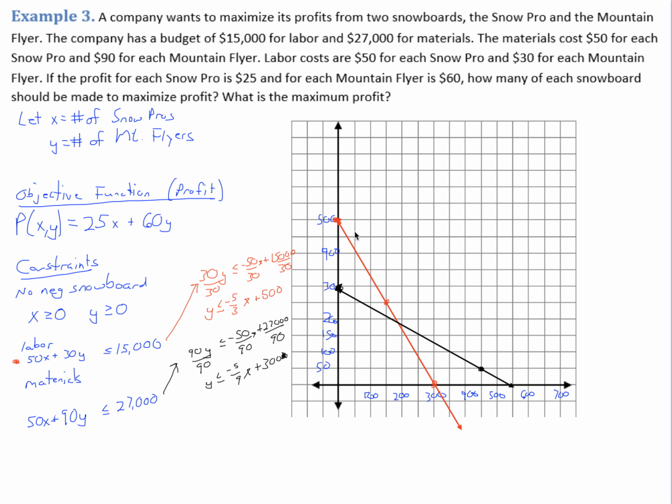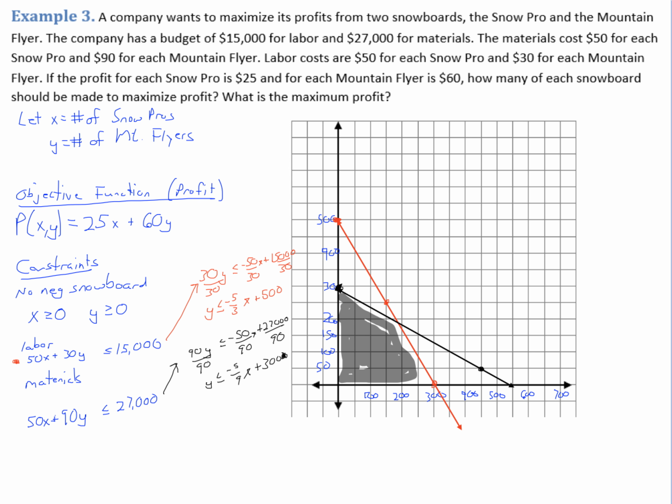So there we have our feasible region, which is, because it's below that, so it's in here somewhere. All right. So in order to find our maximum or minimum, we need to find the vertices, and we have 4 vertices here.